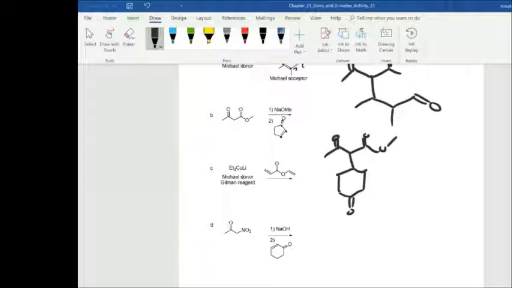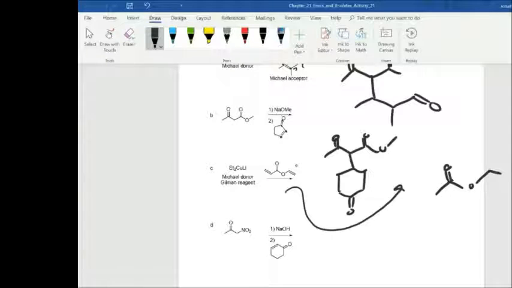I was very confused when I saw this reagent in lecture, and I didn't fully understand it, but it makes sense to me now. It's just basically you have a Gilman reagent, and what this should make is a product that looks just like this. And remember, this is also 1,4 addition, so you count 1, 2, 3, 4.